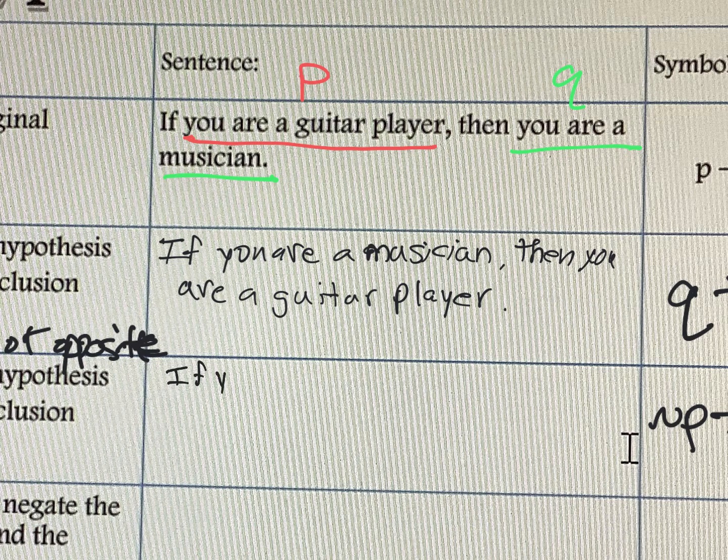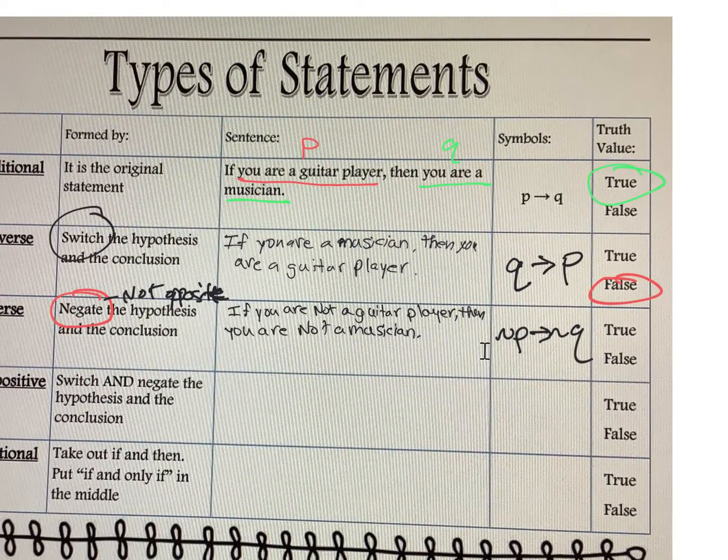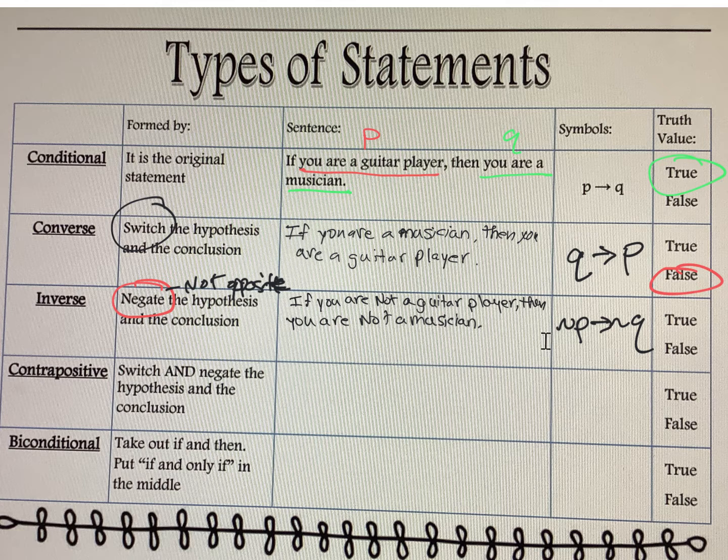If you are not a guitar player, then you are not a musician. So now let's look at the truth value. With a truth value, is that a true statement or a false statement? If you're not a guitar player, then you're not a musician. That is a false statement also.